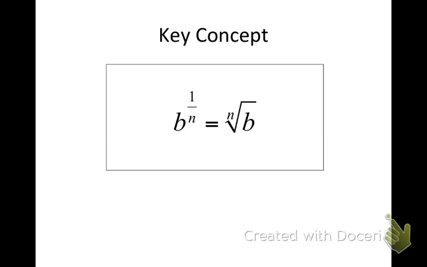Let's just jump to that right away to save time. If that is something other than 1, let's make it m over n. If I have my base to a fraction of something other than 1, this denominator still becomes the index of your radical, but then whatever your numerator is becomes your exponent on the outside.